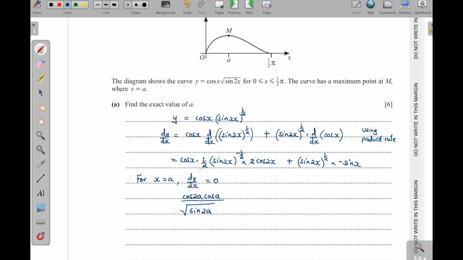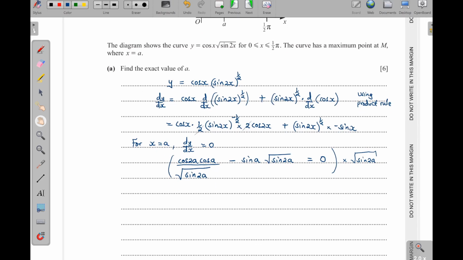Then minus sine of a, then times the square root of sine 2a, which is equal to 0. Now everywhere, I'll multiply by root of sine 2a to eliminate the denominator.